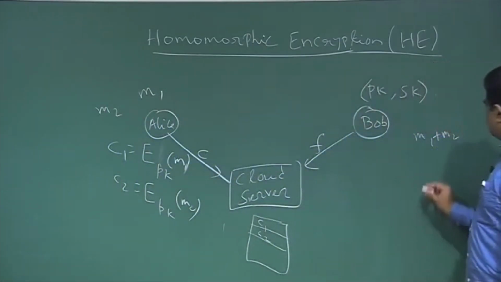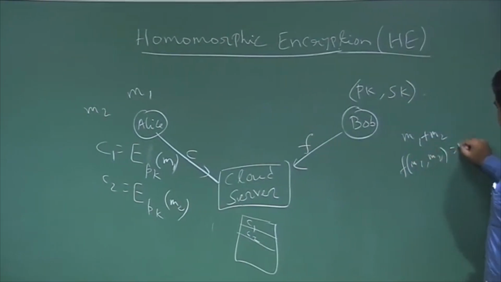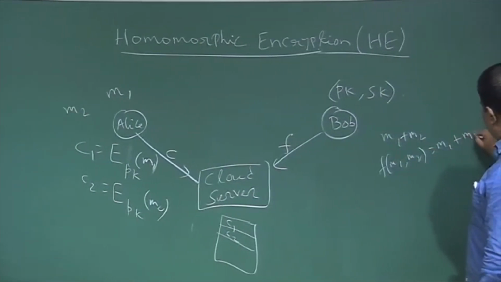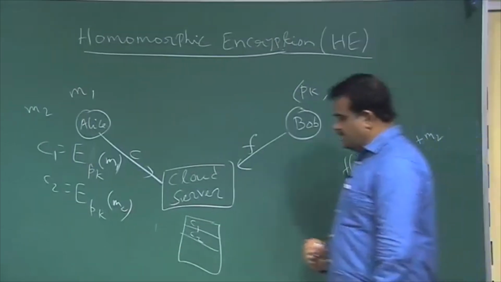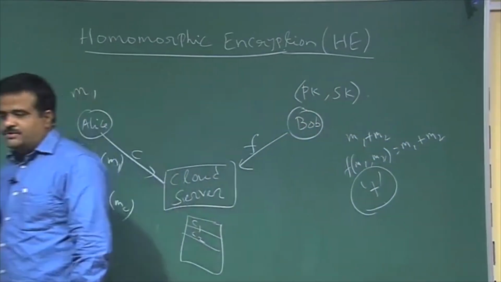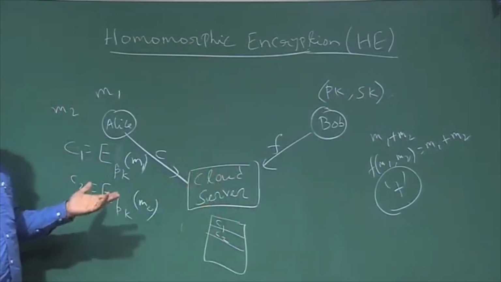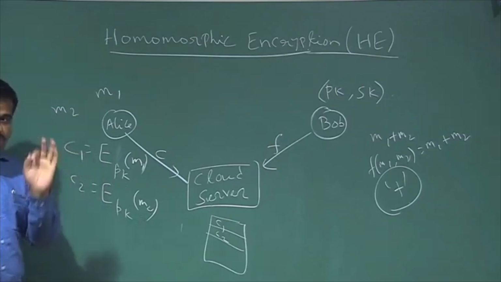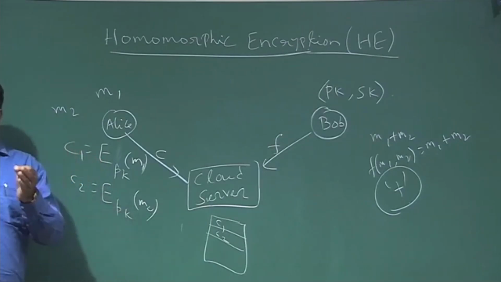So F of M1, M2 is basically M1 plus M2. This is a plus operation, so this is a functionality. This F Bob will send to the cloud. That means Bob needs information about M1 plus M2, not those particular M1 and M2.